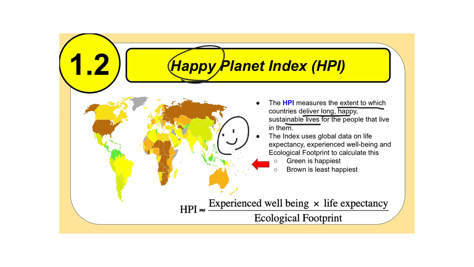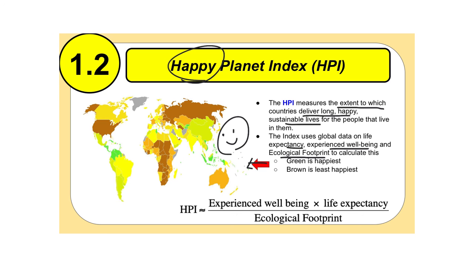So using Happy Planet Index, they are trying to measure how well a country is doing and trying to deliver a happy, sustainable life for their citizens. So the index uses global data on life expectancy, expected well-being, and ecological footprint to calculate. And of course, in this particular map here, green is the happiest countries, and brown are the least happiest countries.